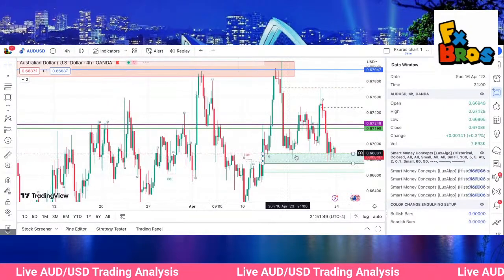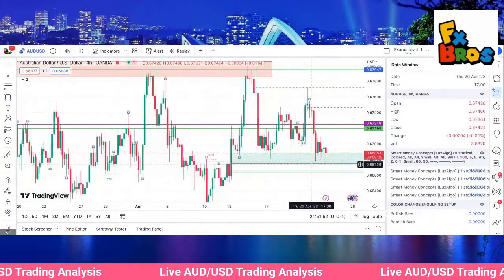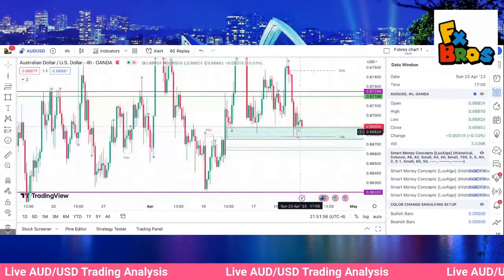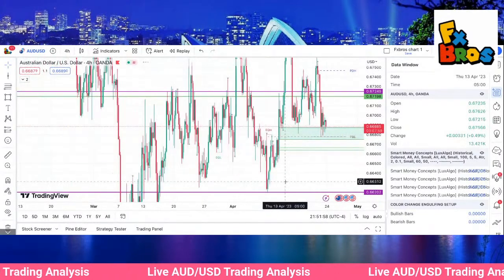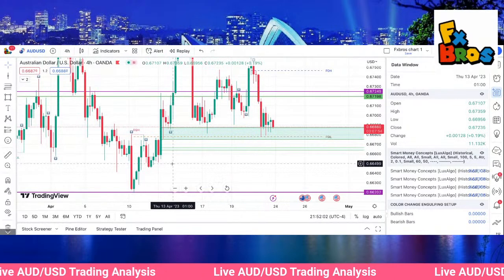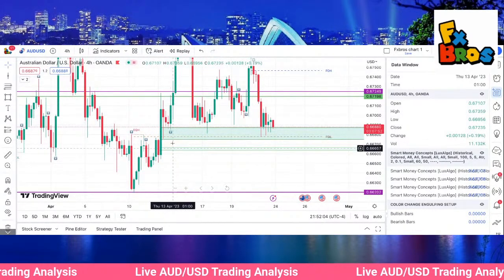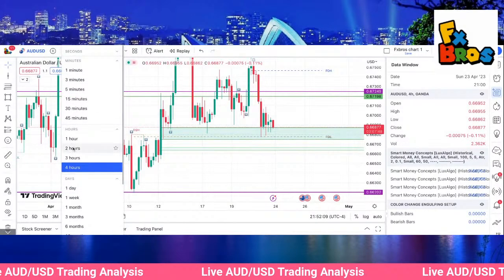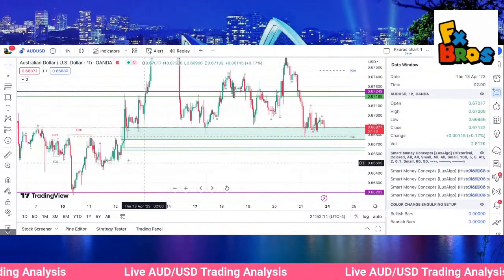The 4 hour didn't go. It's just targets. The next target would be this area, obviously, because that's the next little gap to fill on the 1 hour right here.